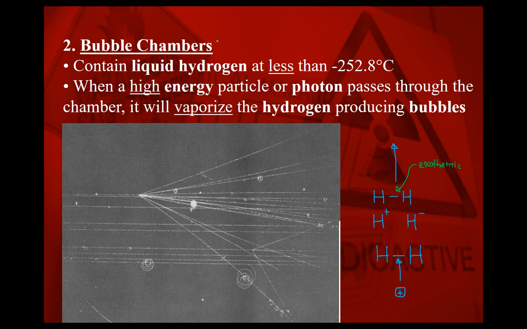And again, in a bubble chamber, it's just the reverse phase change from a cloud chamber. In the cloud chamber, we had a phase change from a gas to a liquid as a result of the alcohol getting condensed.